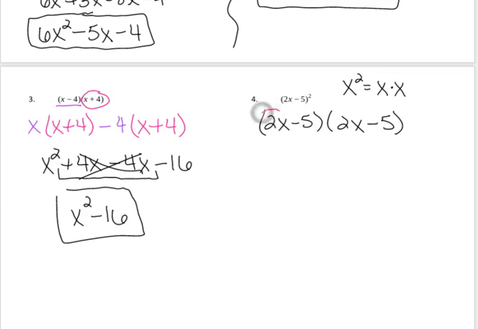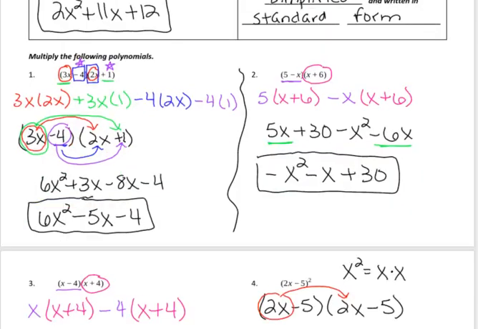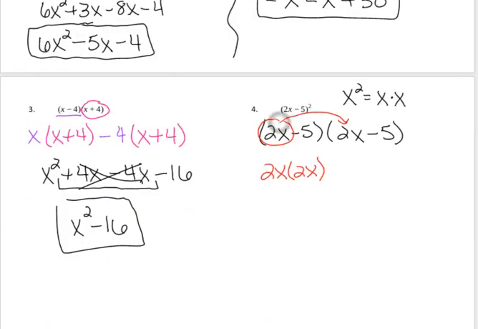So I'm going to do 2x times 2x, excuse me. And then I'm going to do, what color did I do next? I don't remember. Green. 2x times negative 5.